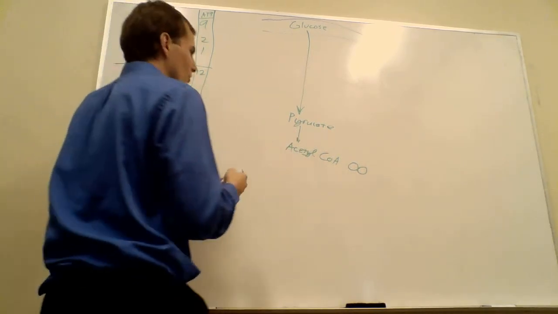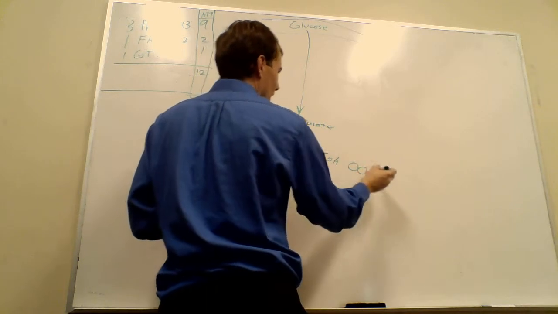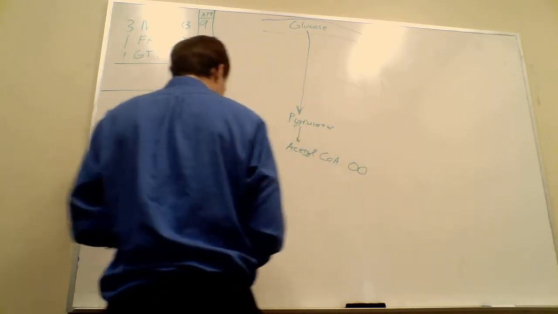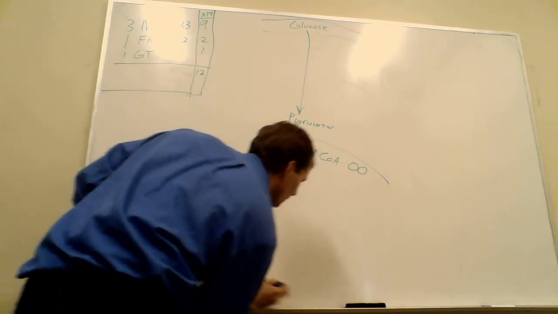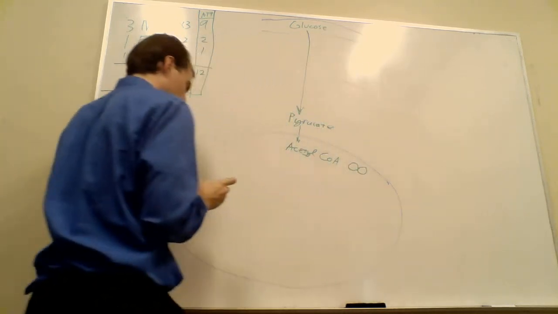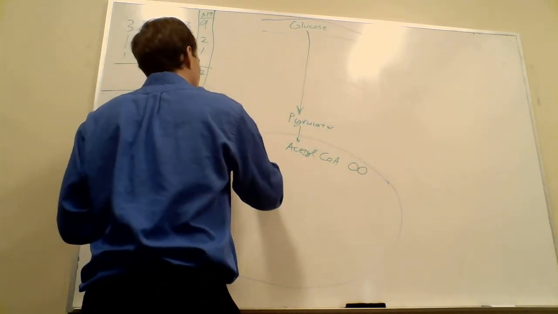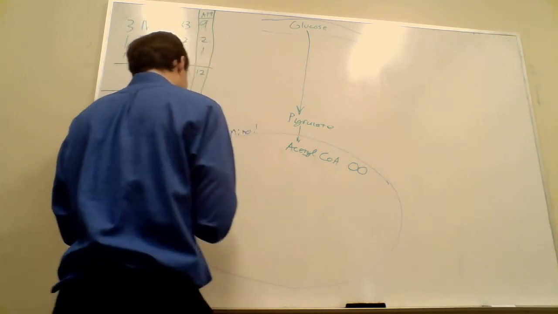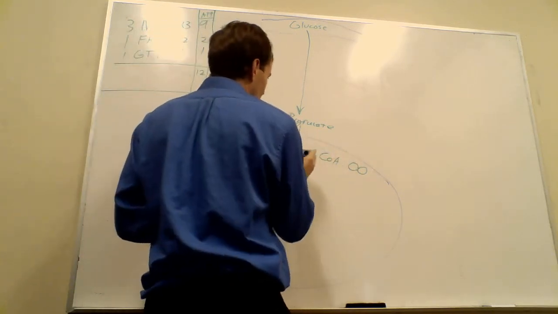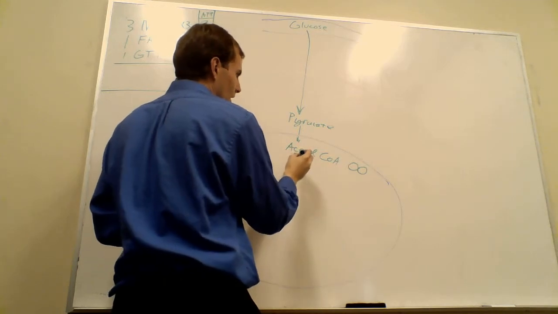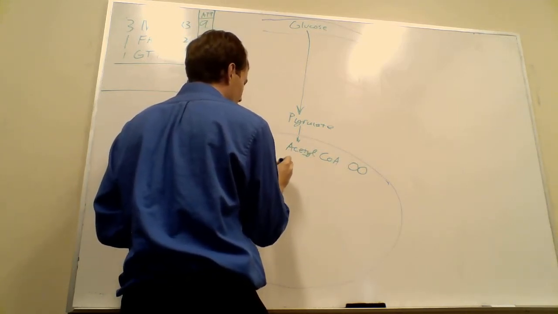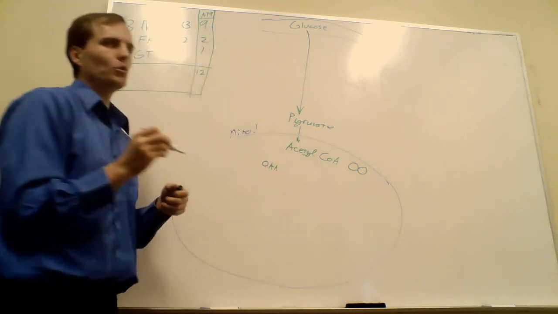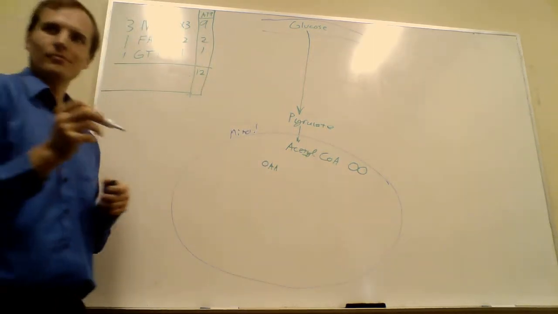Okay? So, acetyl-CoA, let's go inside the mitochondria. We will have a blue mitochondria today. There we go. That's our mitochondria. So acetyl-CoA with 2 carbons is going to join a molecule known as oxaloacetate, abbreviated OAA for obvious reasons.